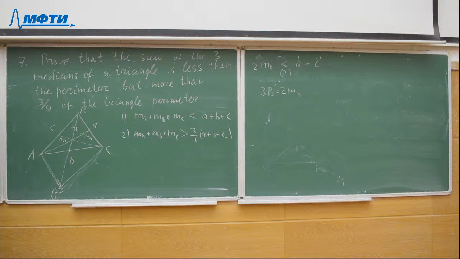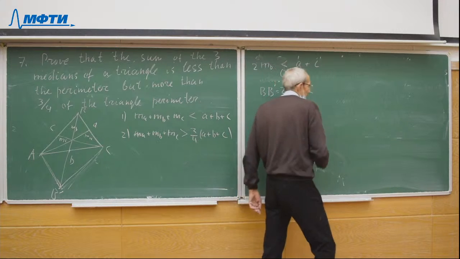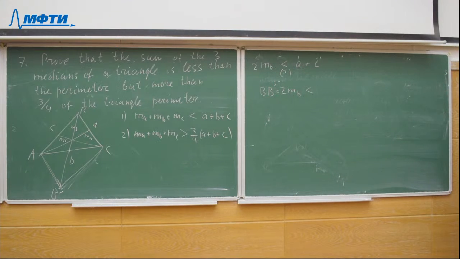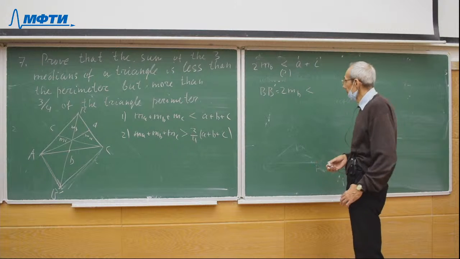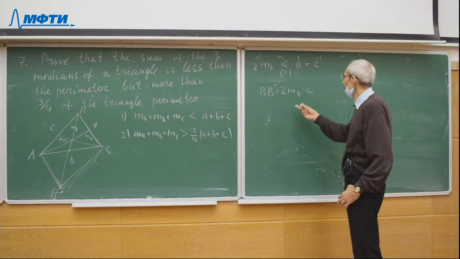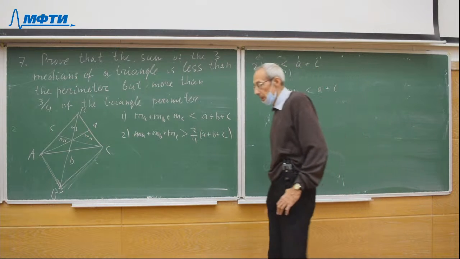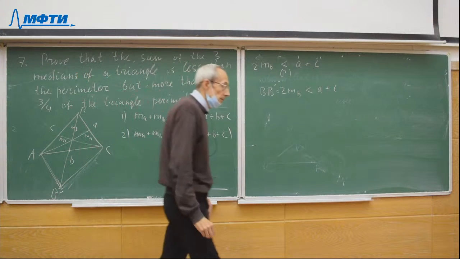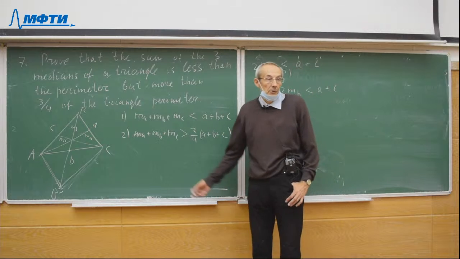AB is equal to C and AB prime is equal to AC, equal to A. And using the triangle axiom, or geometrical inequalities, which were formulated above, we can conclude that 2MB is less than the sum A plus C. And we just obtained the solution of this problem.